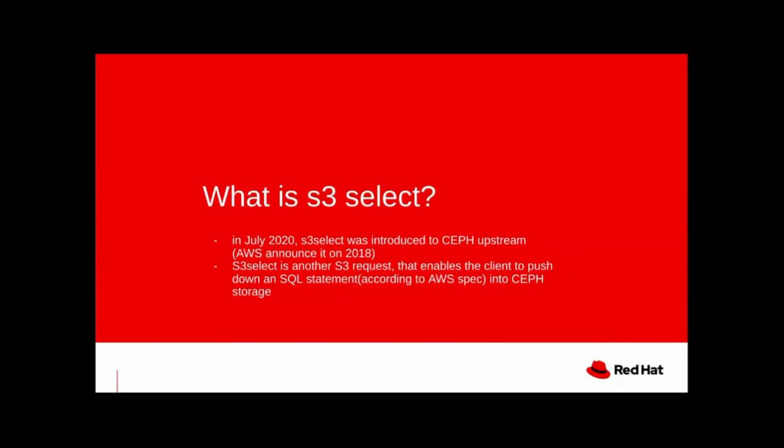S3 Select is a new S3 capability. It's designed to pull out only a subset of the data that you need. And this can dramatically improve the performance and reduce the cost of applications that need to access the data in S3.